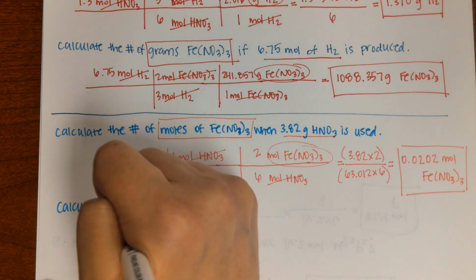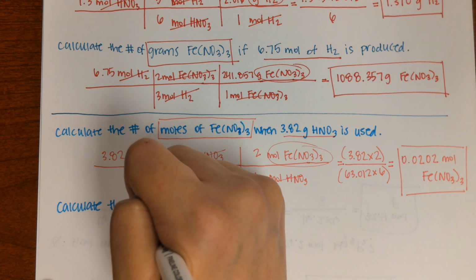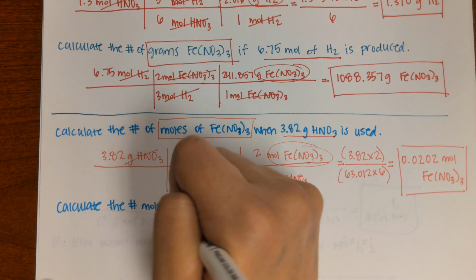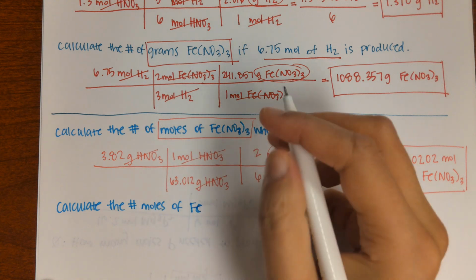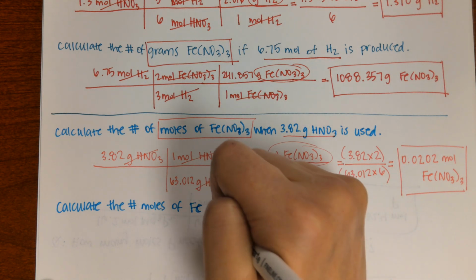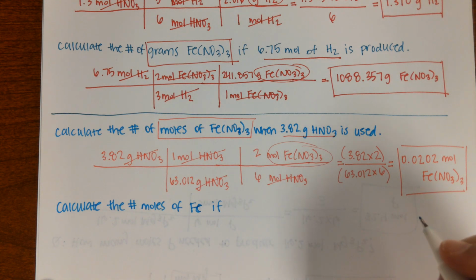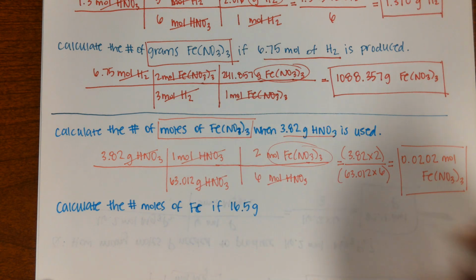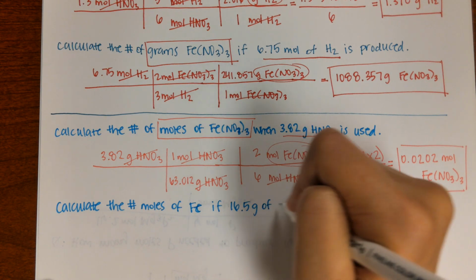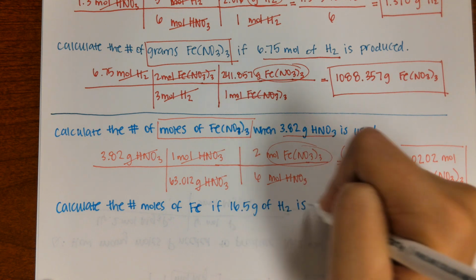Calculate the number of moles of iron if, let's say, 16.5 grams of H2 is produced.